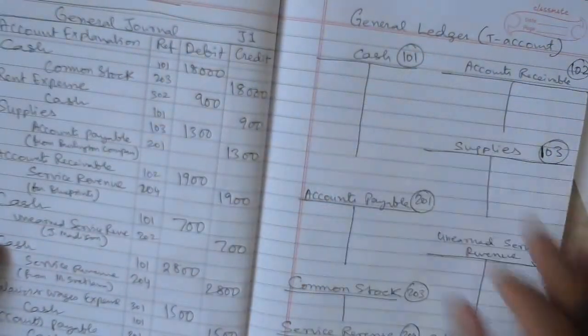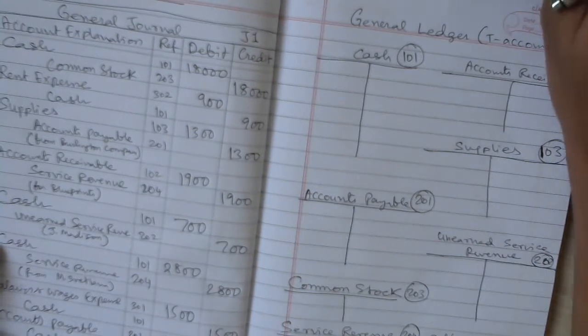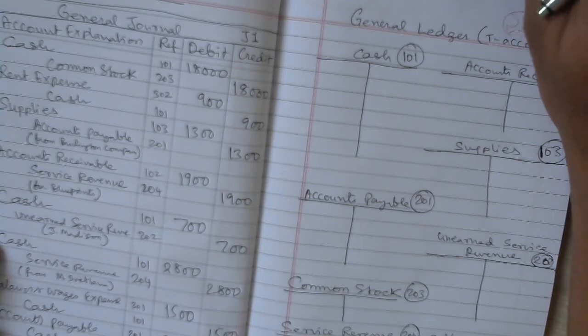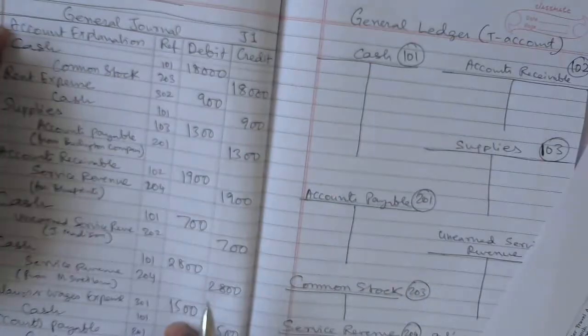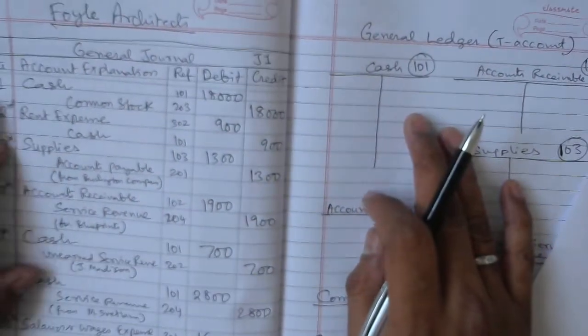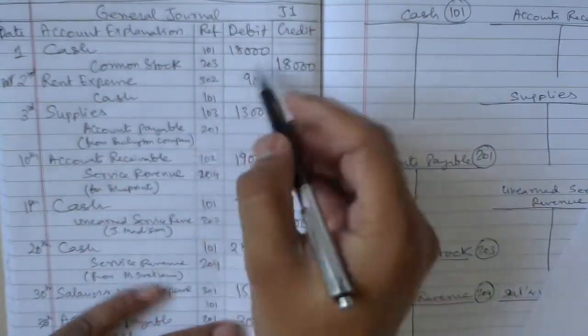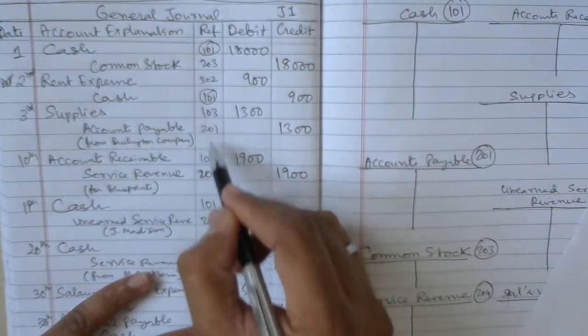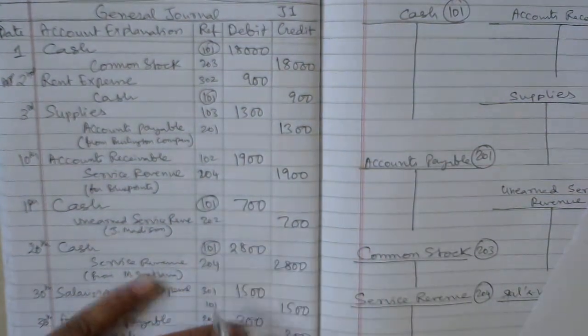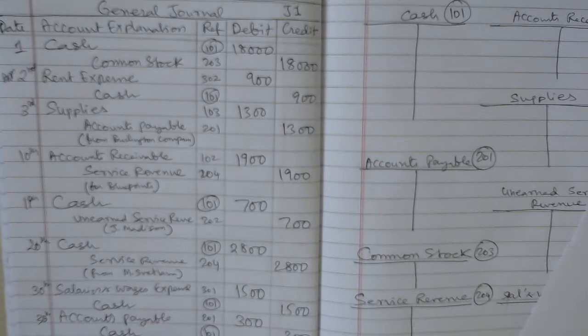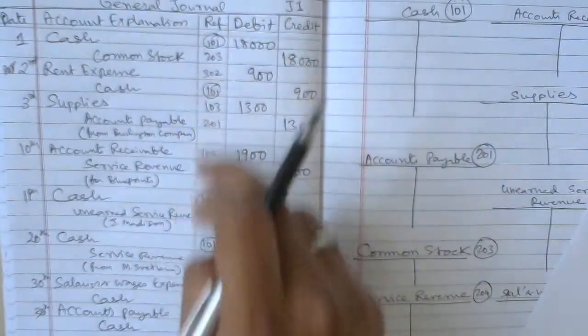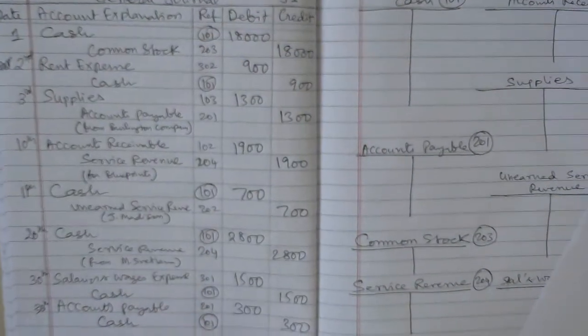Okay, so now first let's look at the cash. So wherever the cash account is there, those numbers I have to put here. So wherever you see 101, that is an easy way to identify the cash transactions. So there are 6 transactions on cash.